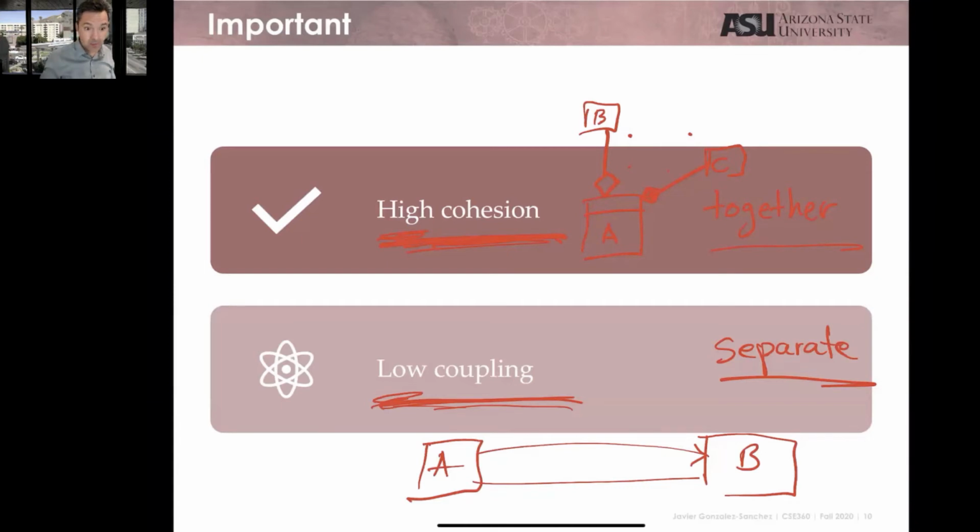Because being able to separate them easily means that I can delete this one and replace it with another class, a new version of the class. Or it means that I can do testing of B and I do not need to have A. And that is very good in terms of my software, the process.